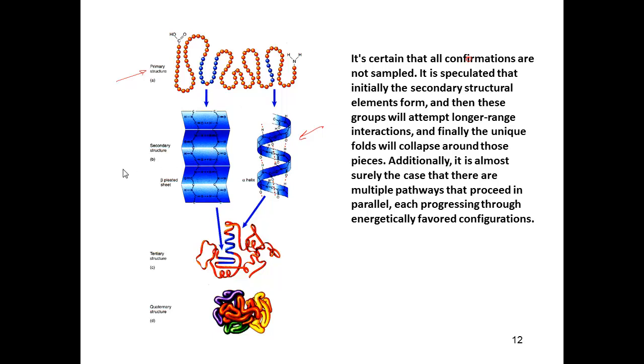So it's thought that secondary structure units form very quickly, and now instead of having to sample conformations for maybe 12 or 15 amino acids here, this alpha helix can act as a single unit, and we can begin to arrange conformations of just this one unit, which drastically reduces the number of potential conformations available to a protein if we lock in a bunch locally with these secondary structure elements.